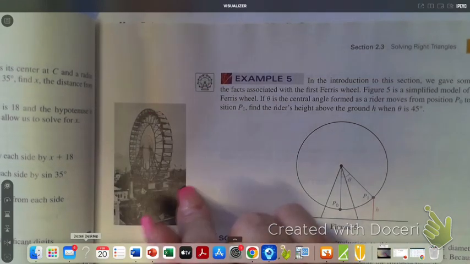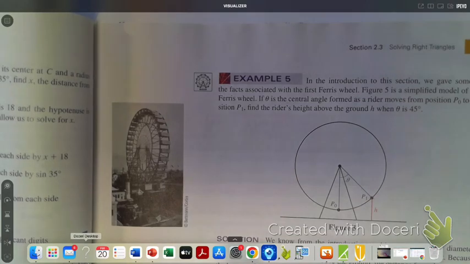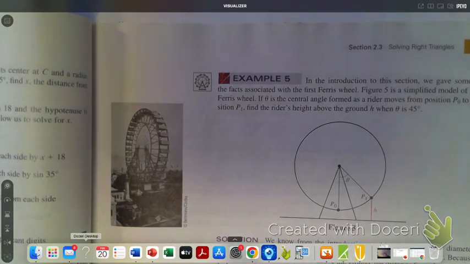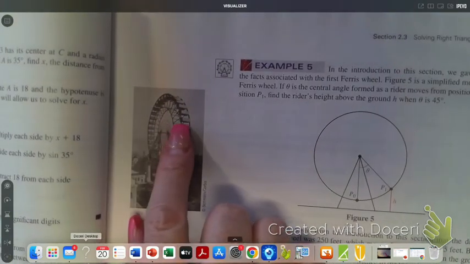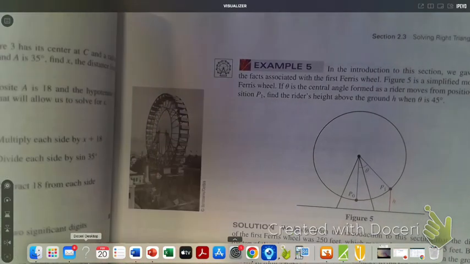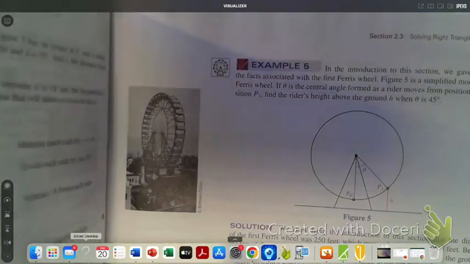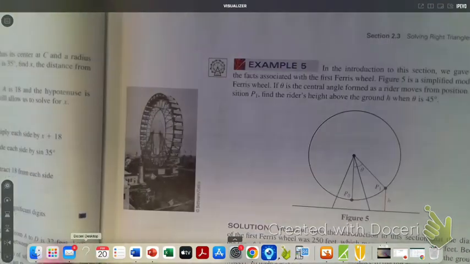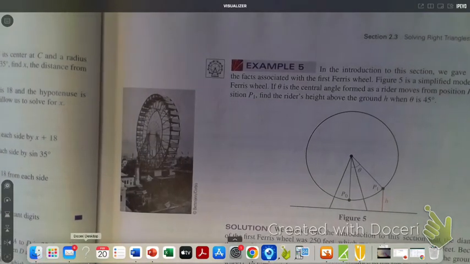How did we do it? Because there's different parts of it and different things we'll do, but it's basically the same shape every time. Okay? So this is our cars. Remember? Do you guys remember how many people were on that car? 40. How long did it take us to get around? 20 minutes. Yeah, that's like scary. I don't know if I would love it that much, but I love Ferris wheels.